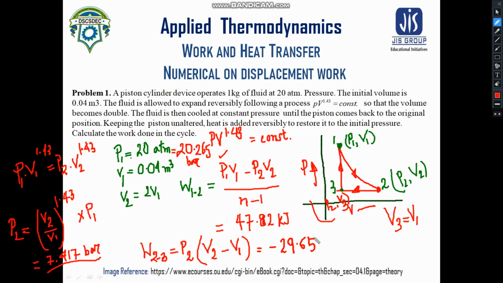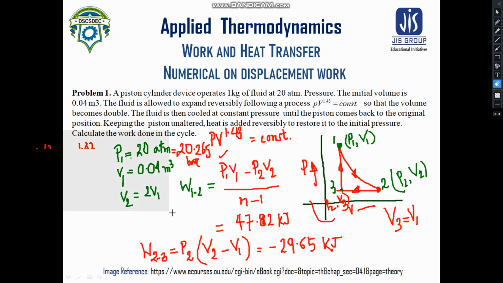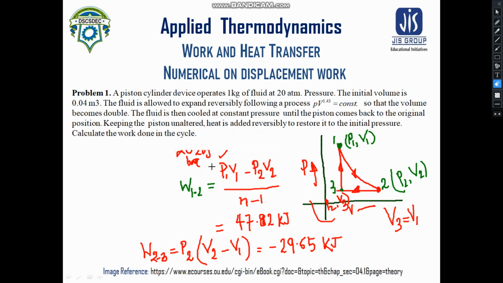If we consider the fluid as our system, and we have considered the fluid as our system, that means the piston is doing some kind of work on this fluid, which measures to be minus 29.65. So let us just remove these things for our better understanding, because we are going to the end of this problem.